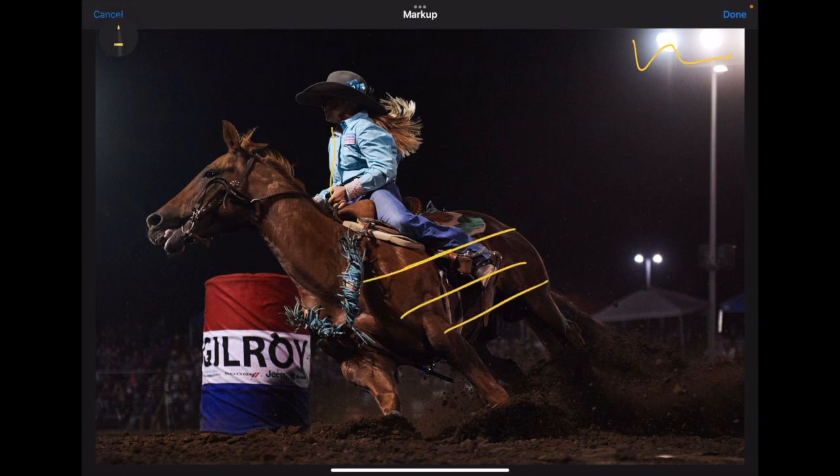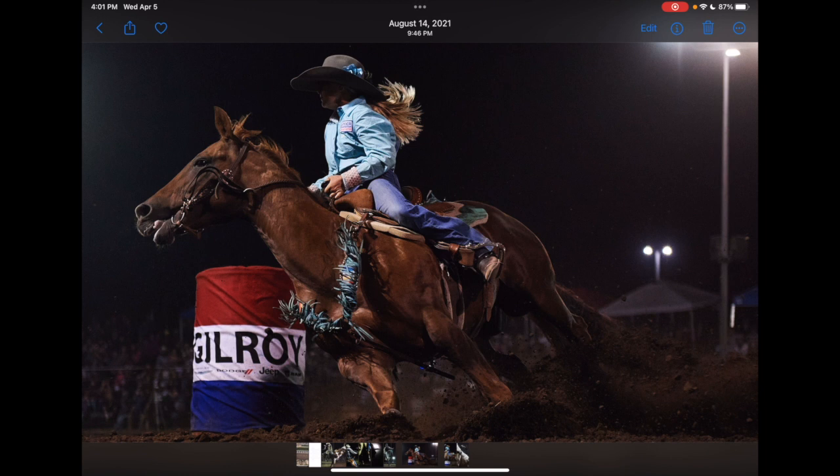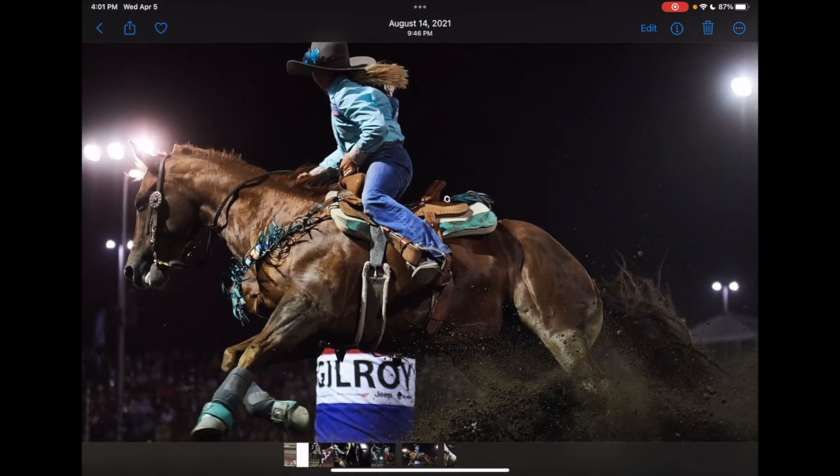So whereas the light is hitting her because this is the part that's facing me and like the neck of the horse right here in the face of the horse, it gets darker as it goes back because the light is hitting it and then bouncing this way, not back into the camera. So, but this is the same exact run, just like a second later or something like that.